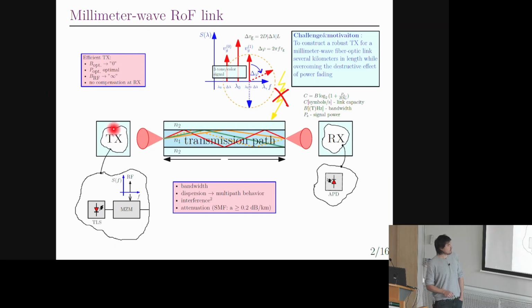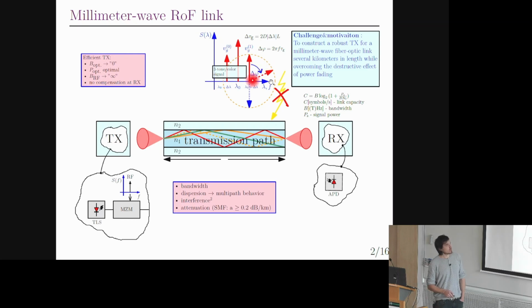So the problem is that by using a conventional transmitter consisting of a laser source and Mach-Zehnder modulator, we produce a double sideband spectrum. And because of the dispersion in the fiber, one of the sidebands gets shifted in phase differently than the other sideband.